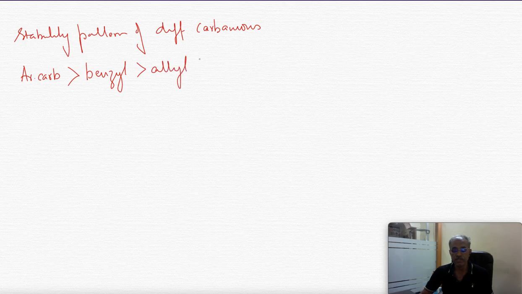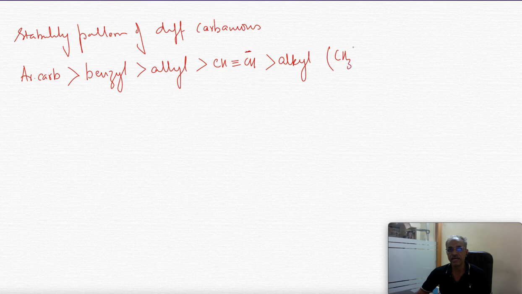This is very important. CH triple bond CH minus is more stable than alkyl. And within alkyl, CH3 minus is more stable than primary, which is more than secondary, which is more than tertiary.